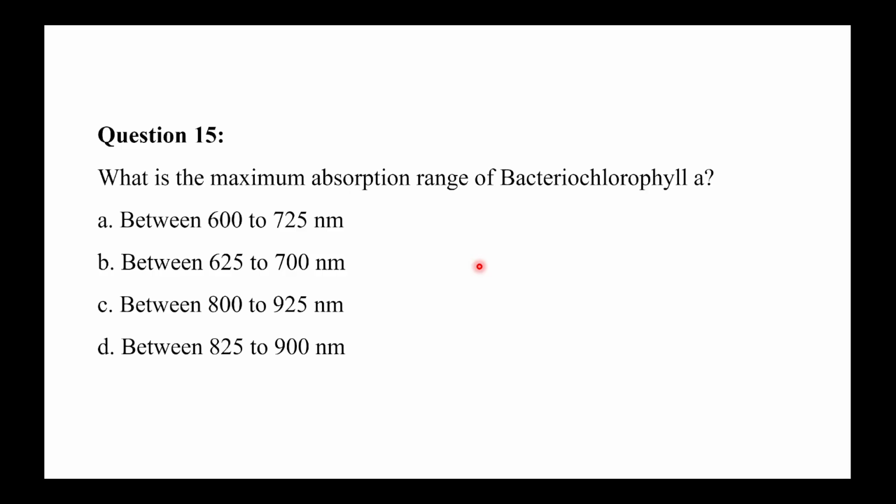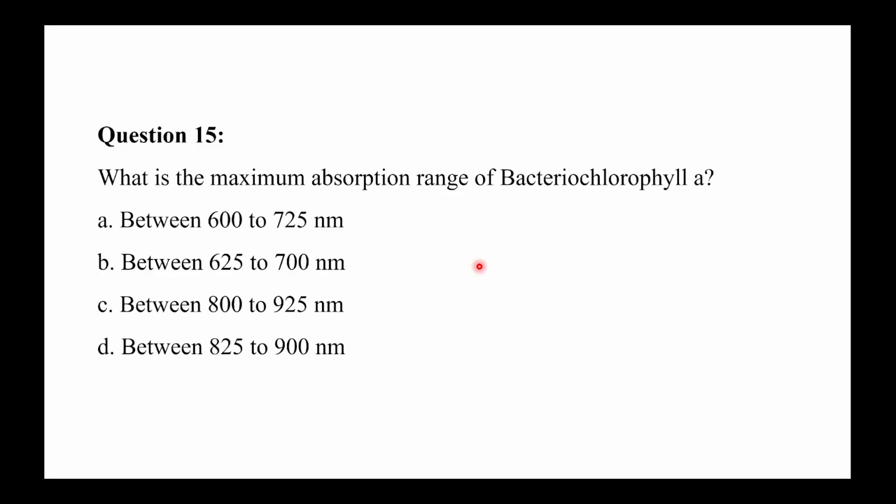Options are: option A, between 600 to 725 nanometer; option B, between 625 to 700 nanometer; option C, between 800 to 925 nanometer; and option D, between 825 to 900 nanometer. What is the maximum absorption range of bacteriochlorophyll A?